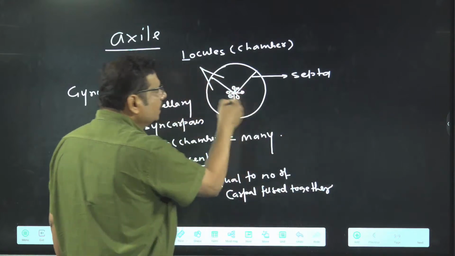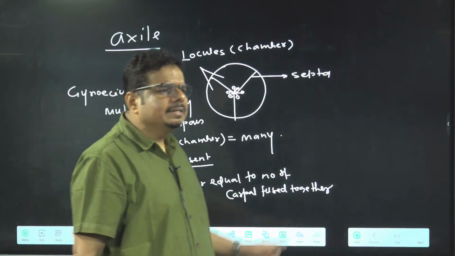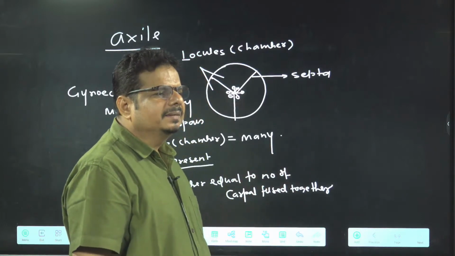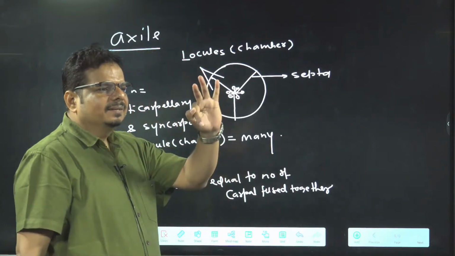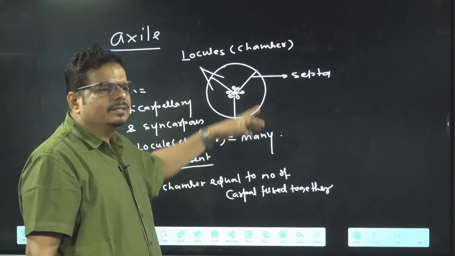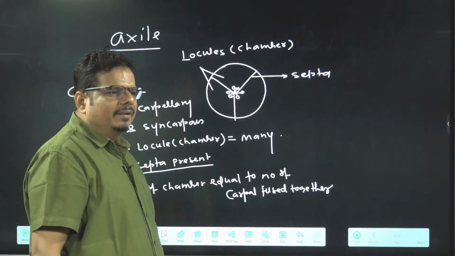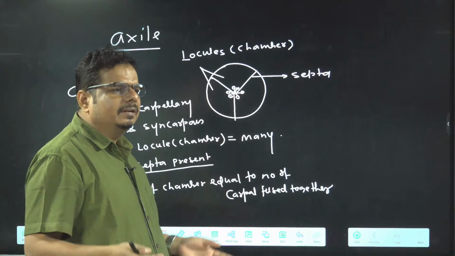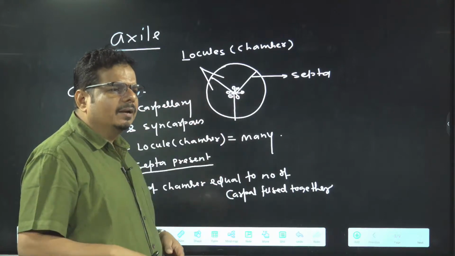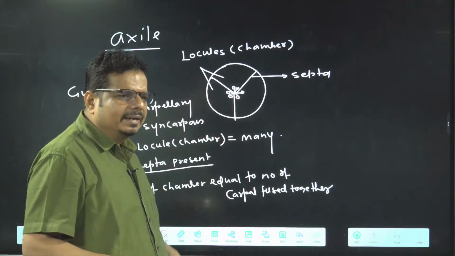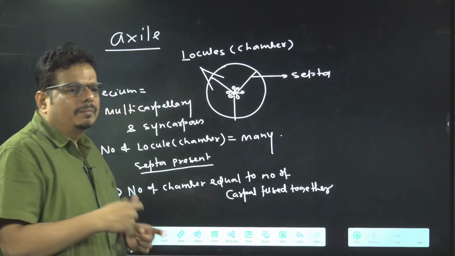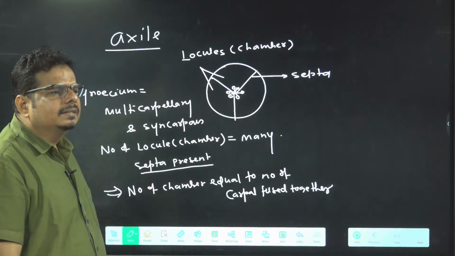So here how many carpels fused? Tell me, how many chambers are there in this diagram? Three chambers are there. So here it is tricarpellary syncarpous. If it is 4 chambers, tetracarpellary. 5 chambers, pentacarpellary. 2 chambers, bicarpellary. Getting the idea? So number of chambers is equal to which one? Number of carpels.